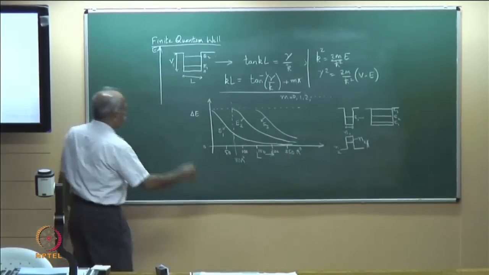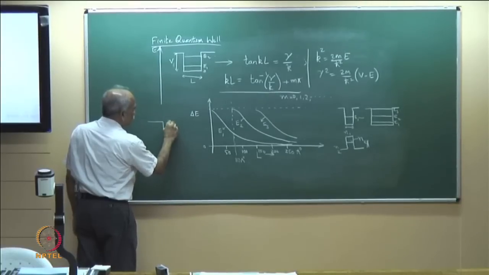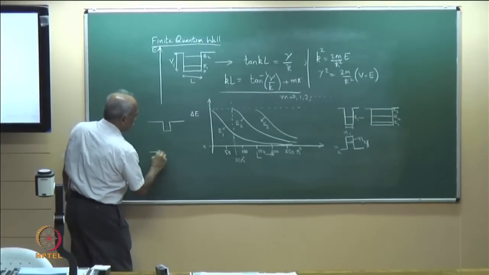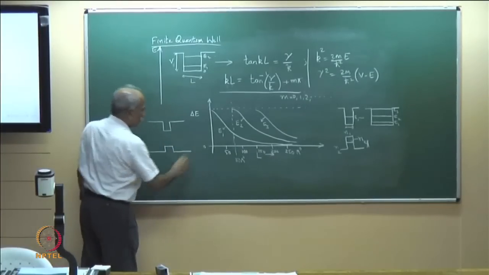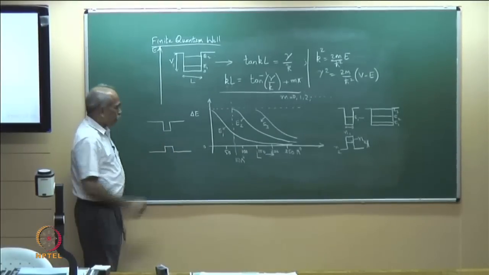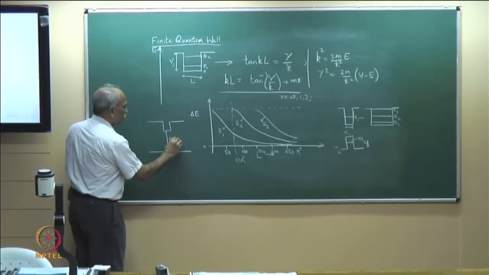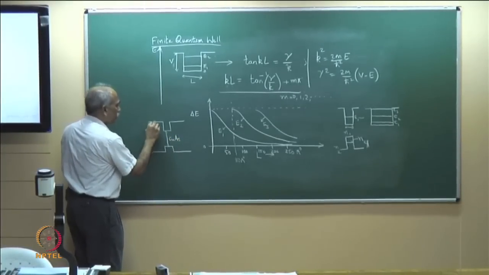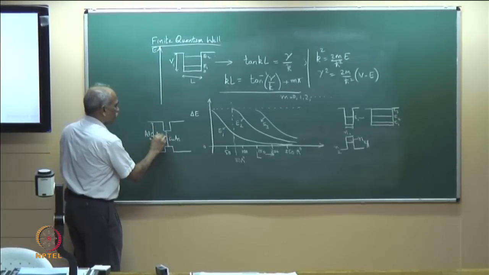We are talking of a quantum well, which means we are looking at a double heterostructure in which the sandwiched layer, the low band gap layer, has a smaller band gap. For example, this is gallium arsenide, and this is aluminum arsenide, AlxGa1-xAs.